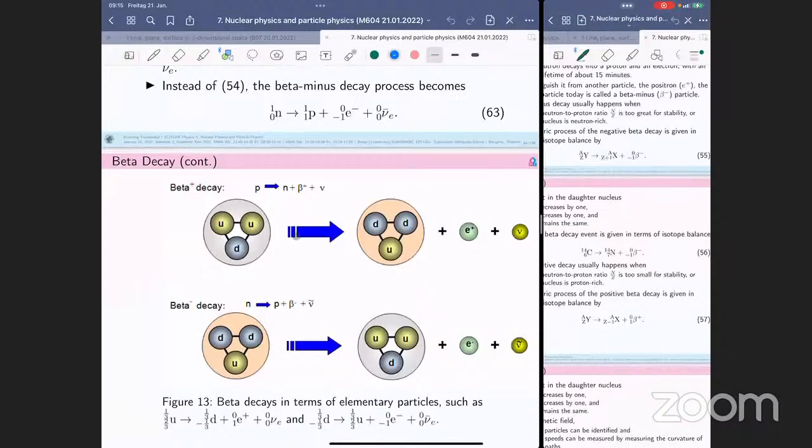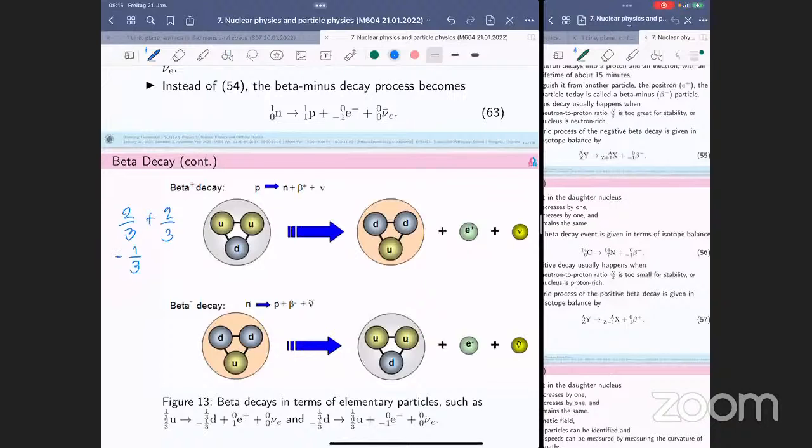Okay, one up quark corresponds to 2 by 3 charge, and you have two quarks, right? You get 2 by 3 and 2 by 3, and one down quark corresponds to minus 1 by 3 charge.